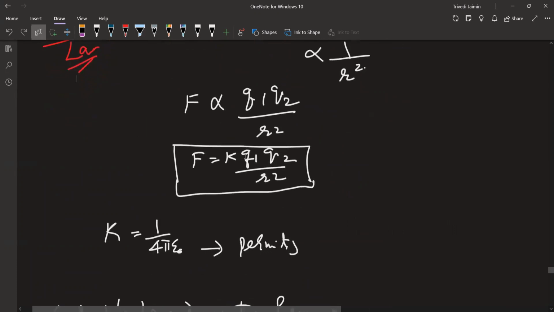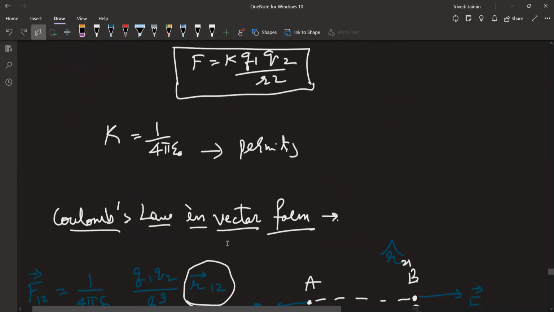If we combine this, we get one constant K. What is K? Coulomb's constant, whose value is 1 by 4 pi epsilon naught, which is 9 into 10 to the power 9.